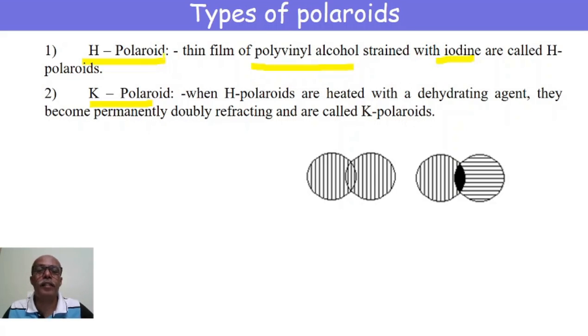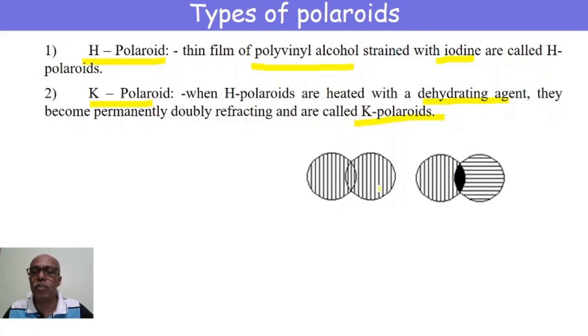When these H Polaroids are heated in the presence of a dehydrating agent, they become permanently doubly refracting, and such Polaroids are called K Polaroids.